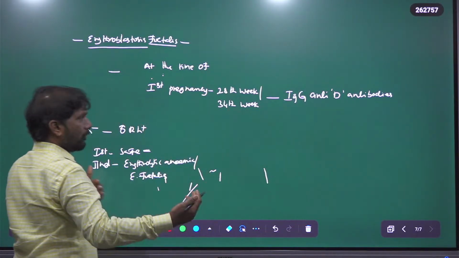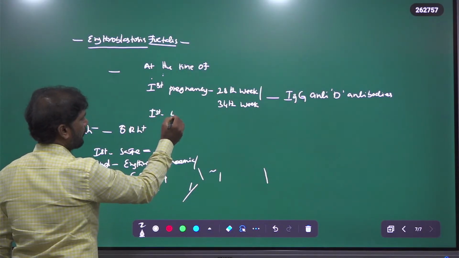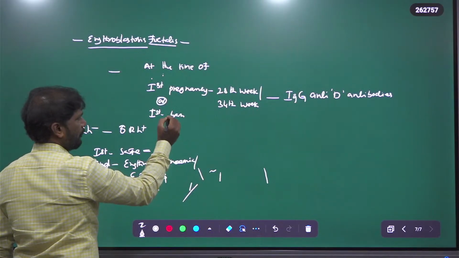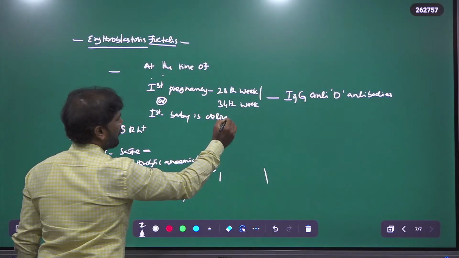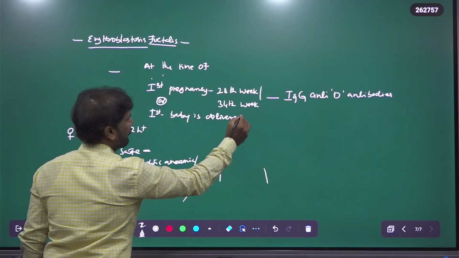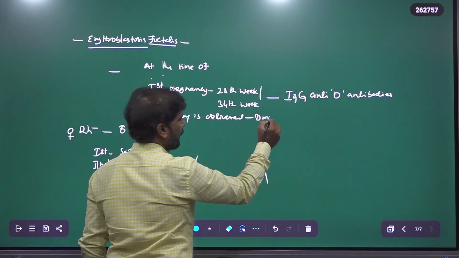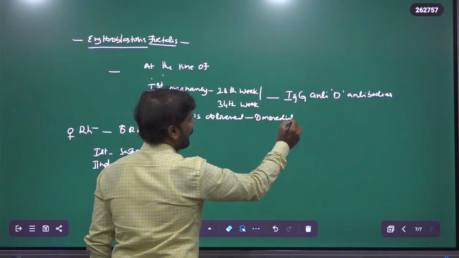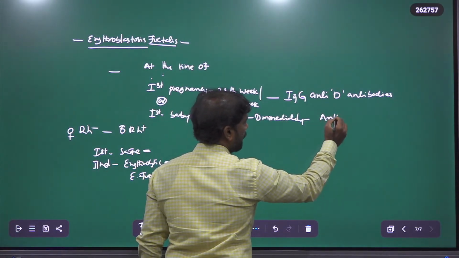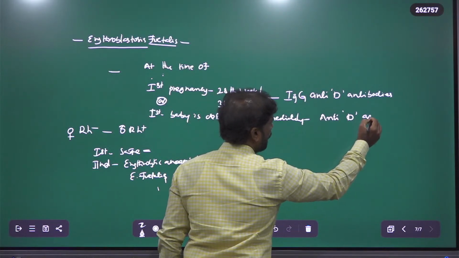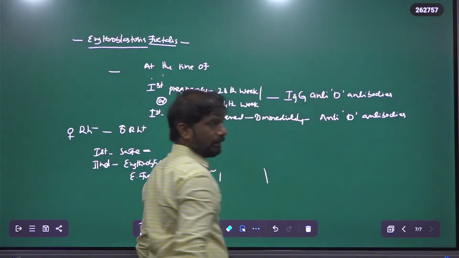So immediately after delivery of the first baby, you can give the anti-D antibodies.